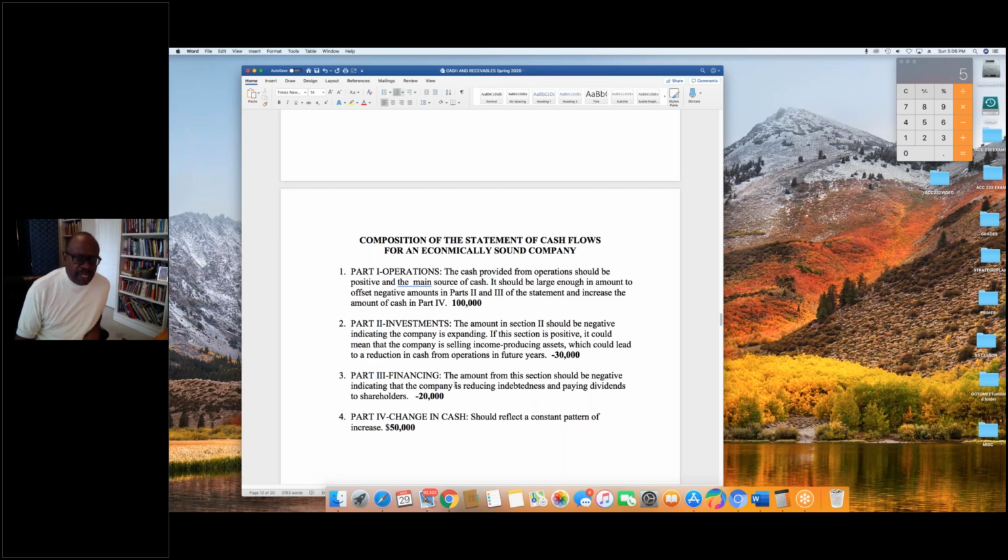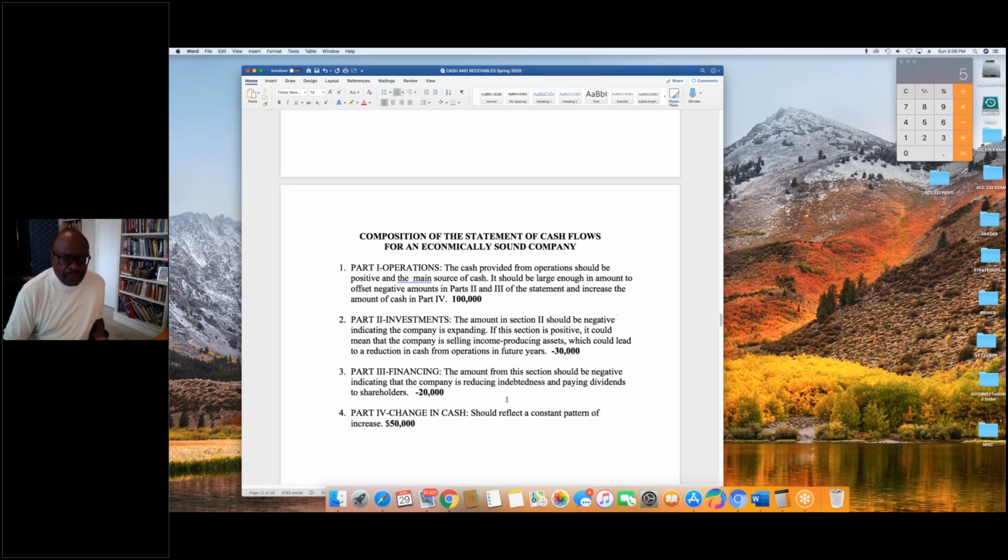Then it needs to be able to pay off its debts and pay its owners and still have a positive change in cash. So operation equates to your salary. Investments equates to your going out and buying additional assets with your salary. Financing relates to paying off debts, and then the positive change in cash.